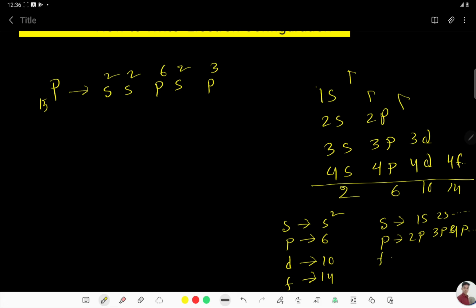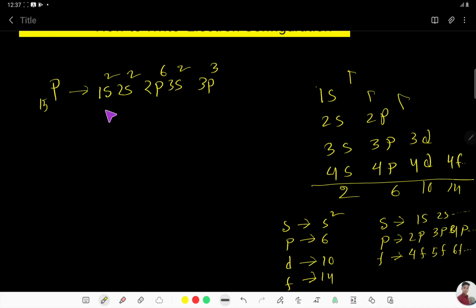Then the f subshell starts from 4f, 5f, 6f, and it will continue. So let us first place the number before s: 1s, 2s, 3s. p starts from the second shell, that is 2p, 3p. So this is the electron configuration of phosphorus according to our second method, you can say.